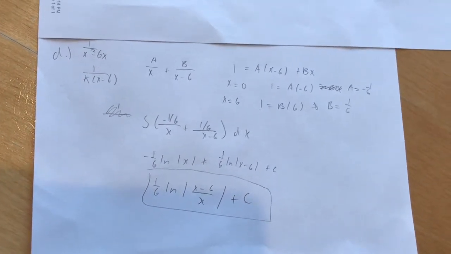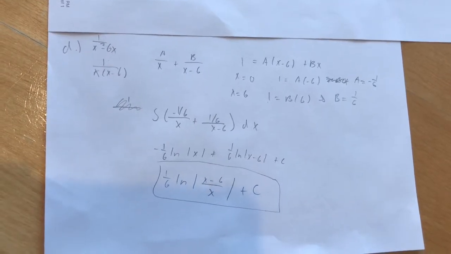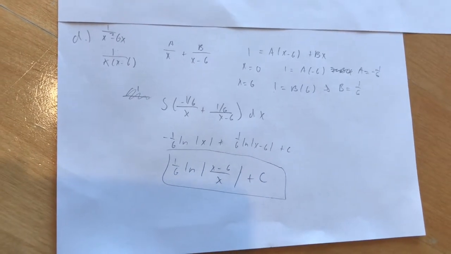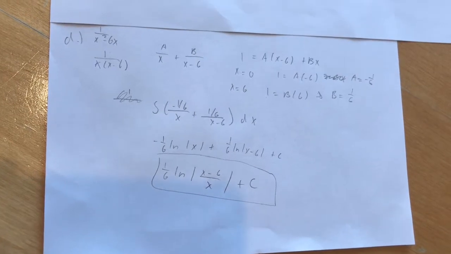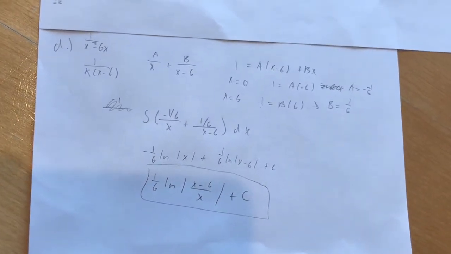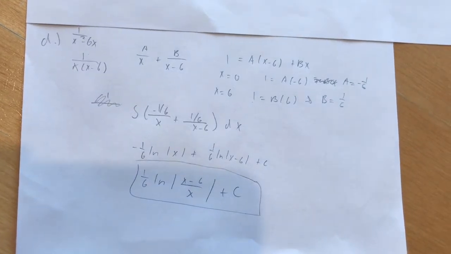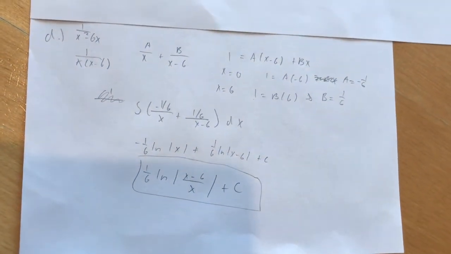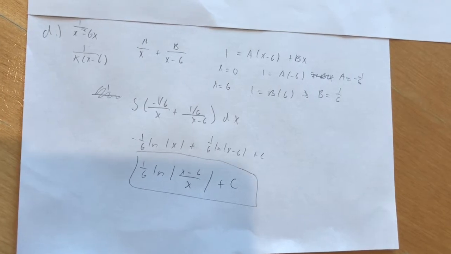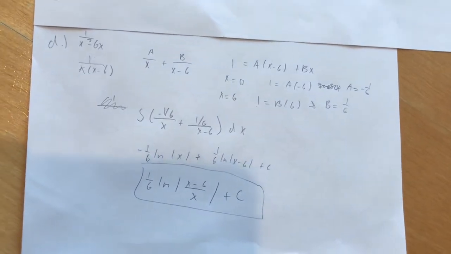Now we plug negative 1/6 and 1/6 back into the equation, and we get the integral of negative 1/6 over x plus 1/6 over x minus 6 dx. Now all we have to do is simple integration, and we know that the integral of 1 over u is ln of u. We can just take out the constant.